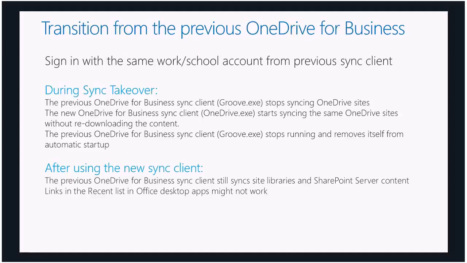So we need to talk to our customers to transition the Groove.exe into the OneDrive.exe. So these are the transition steps to migrate from OneDrive for Business into the OneDrive next generation. Those are the steps we need to take here.